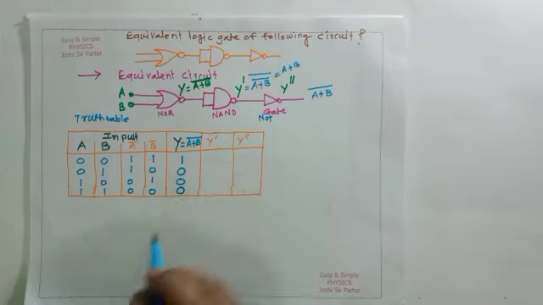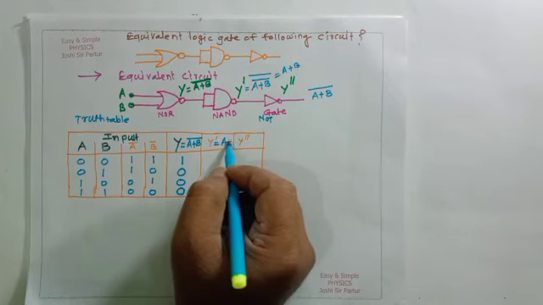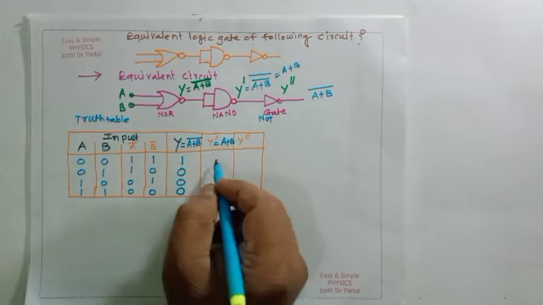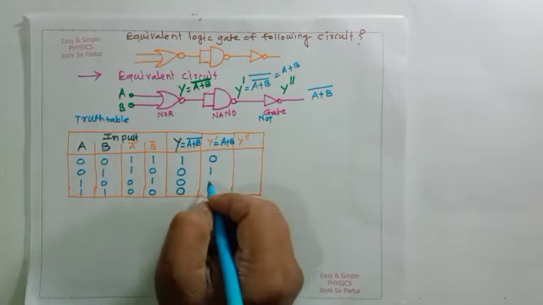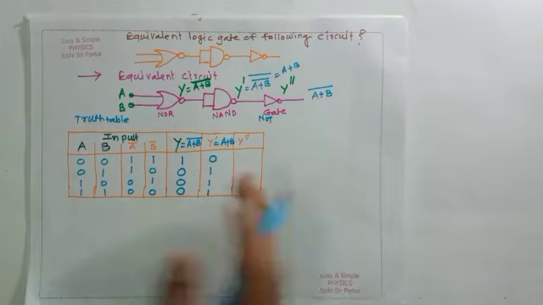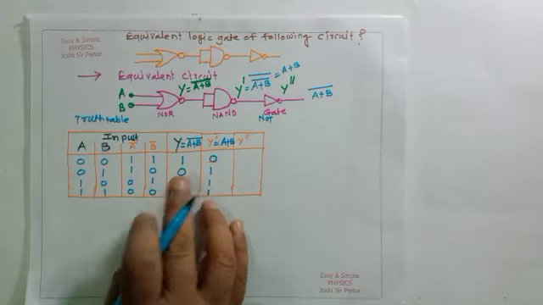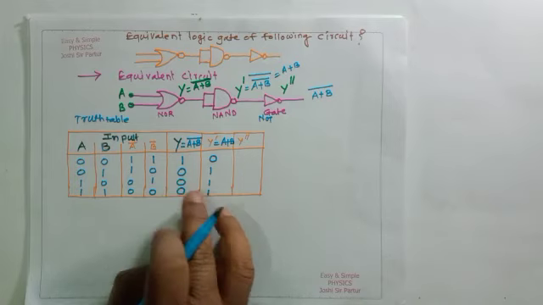But here Y dash will be A or B, and Y dash represents low, high, high, high, or the complement of the complement. Means the complement of high becomes low, and low becomes high: low, high, low, high.